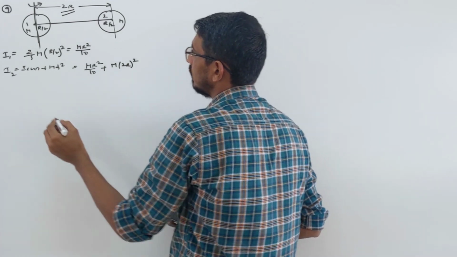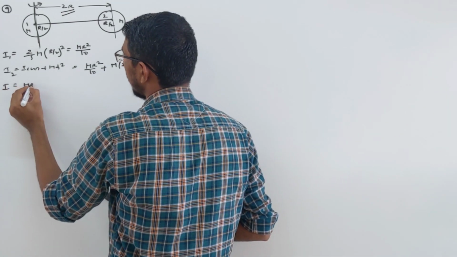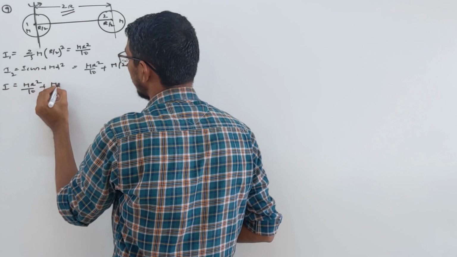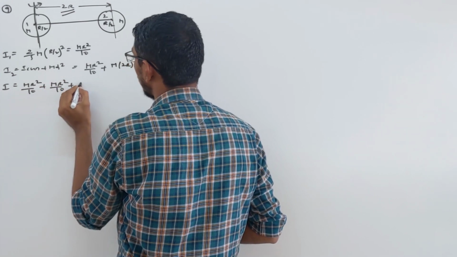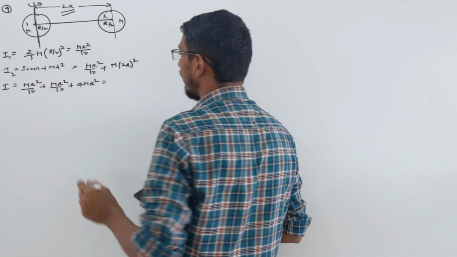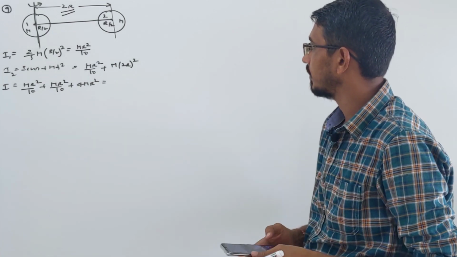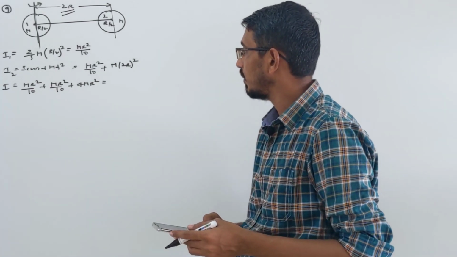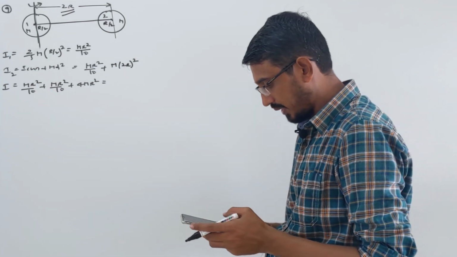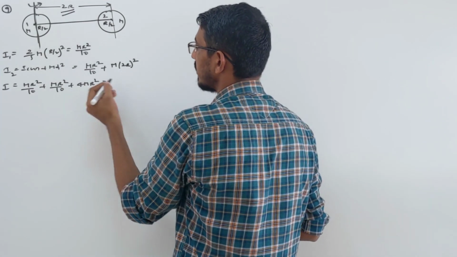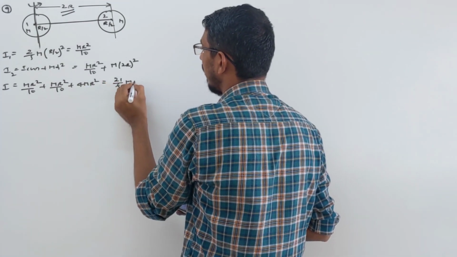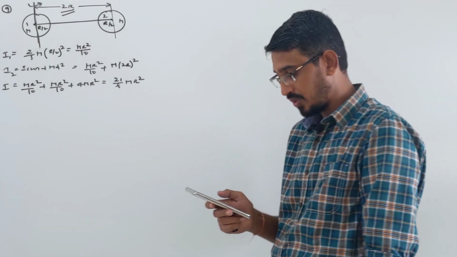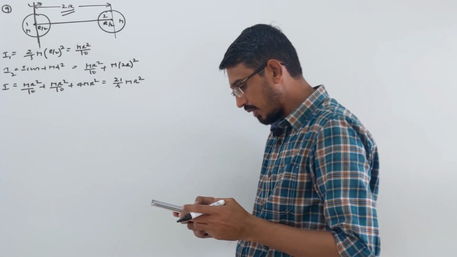If you add them, total inertia we have to calculate is mr square by 10 plus mr square by 10 plus 4mr square. Take LCM 10, so it goes 1 time, then 40 times, this becomes 42, means 21 by 5 should be the answer. So question number 9, the first option, 21 by 5 mr square, that will be your answer, which is given in the first option, correct.